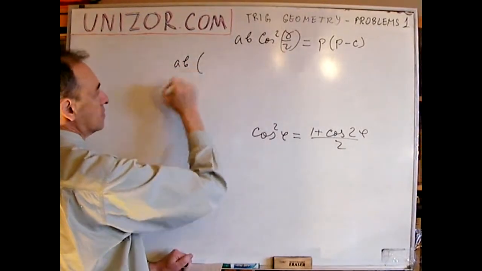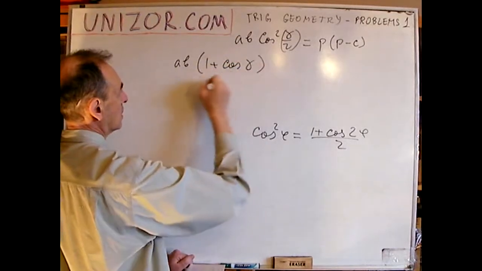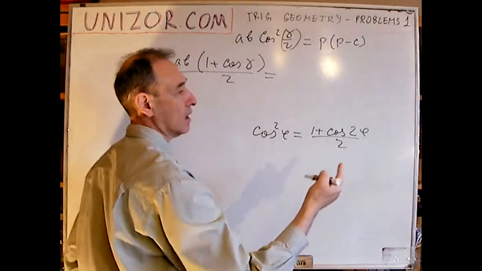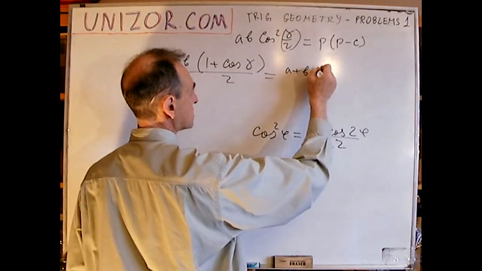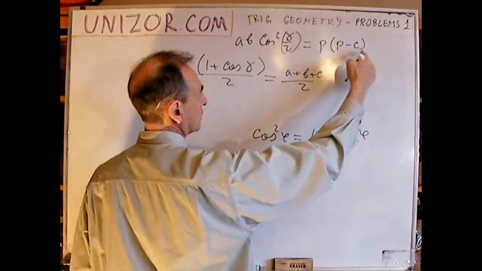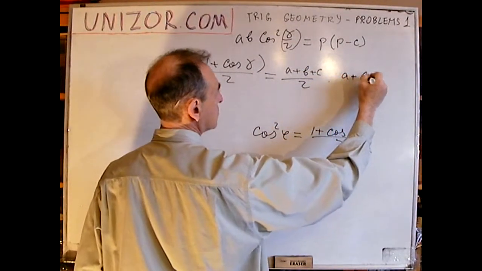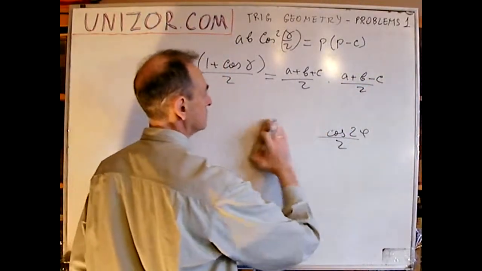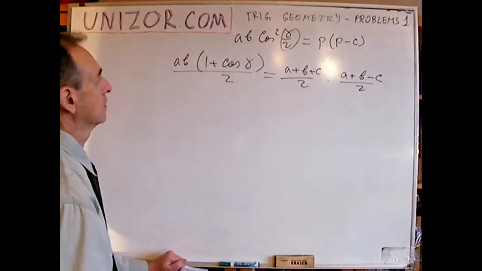AB times 1 plus cosine gamma over 2 equals, and again from the formula for P, which is A plus B plus C over 2, if I subtract C from this, it would be A plus B minus C over 2, right? So I have to prove that.